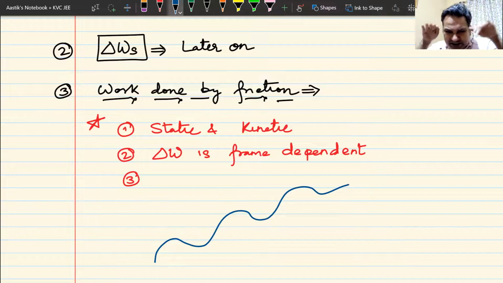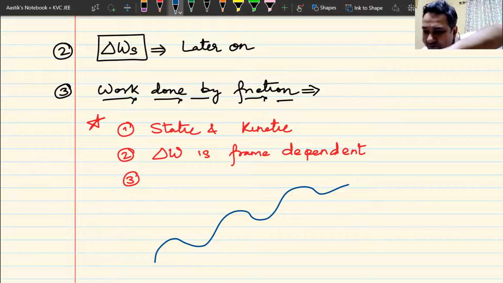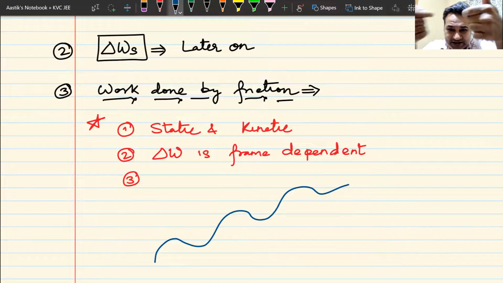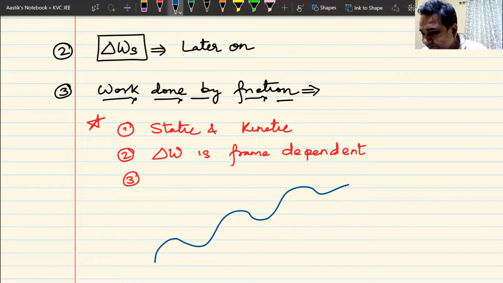Now, if I have a train which is moving super fast, or a super fast car which is streamlined, it is moving in a zigzag path. It is not moving on a straight road. It is moving like this. Now, even if the kinetic friction is constant, its direction is continuously opposite to motion. Do we understand this?